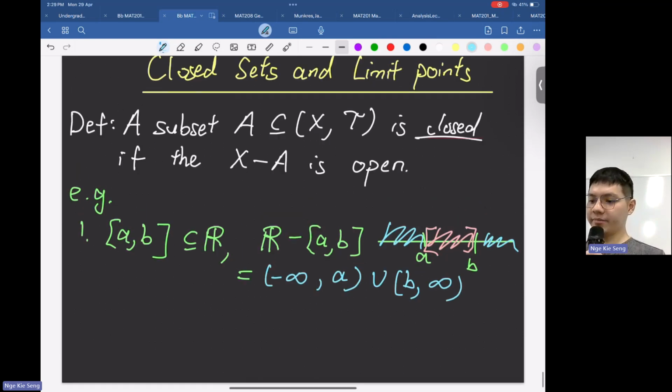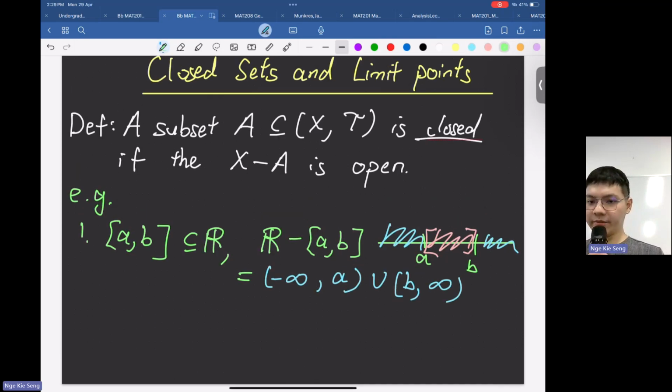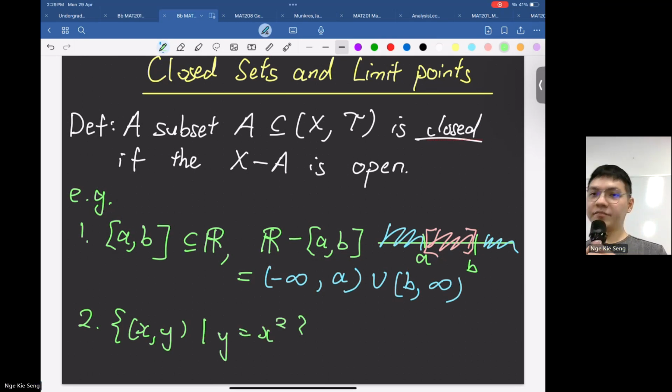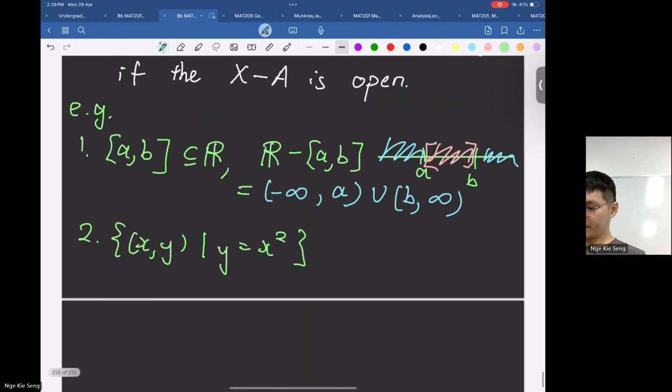What else? For example, the set y equals x squared is also closed. Why is it closed? You need to show that the complement is open.